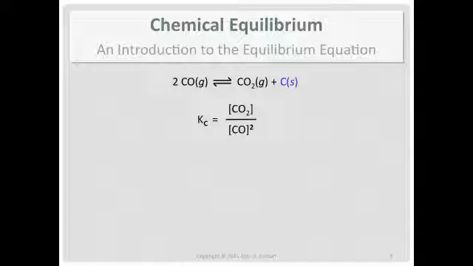Similar idea with the solids. So you leave them out. Now the actual reason has to do with activities. And we don't even talk about activities in first year chemistry. But the activity of a pure solid and a pure liquid does not change. Regardless. Leave the solids, leave the liquids out, whether it's a Kc or a Kp.